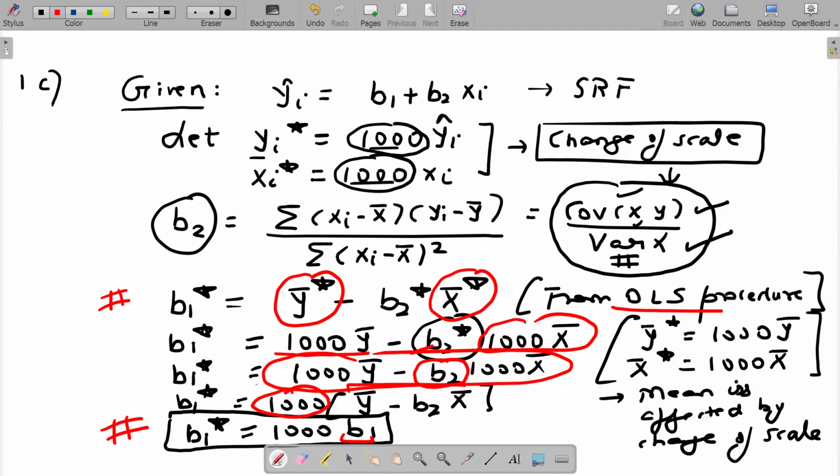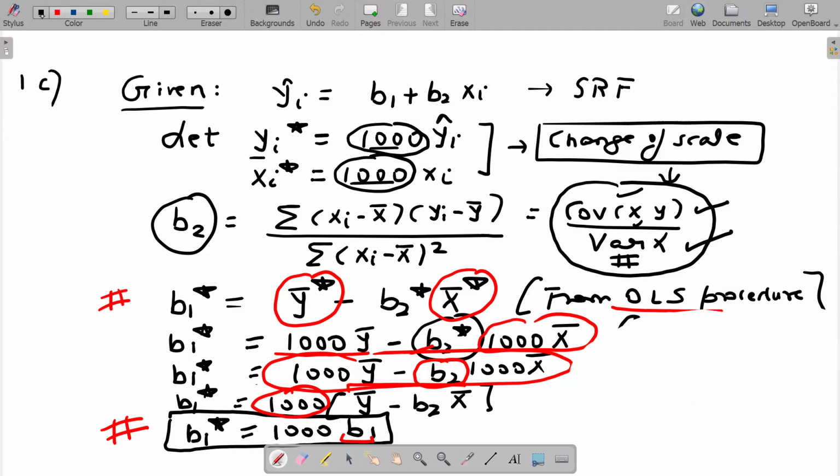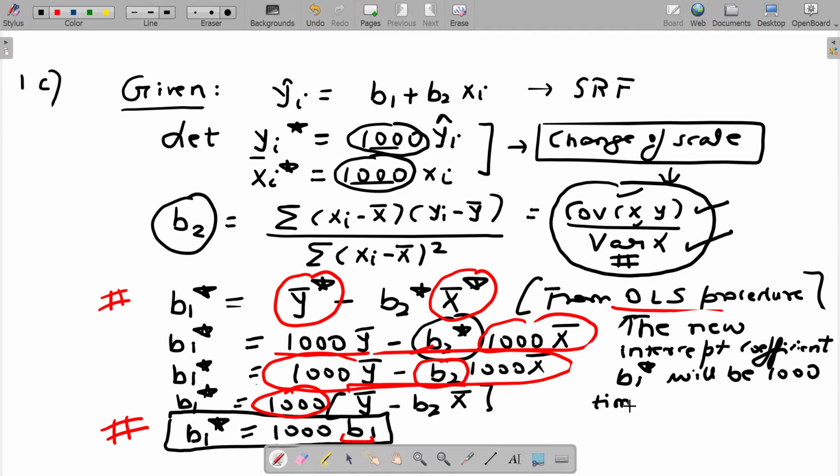So I can say that my intercept coefficient, remember B1 denotes the intercept coefficient, will be 1000 times the original intercept. The new intercept coefficient B1 star will be 1000 times the original intercept coefficient B1.